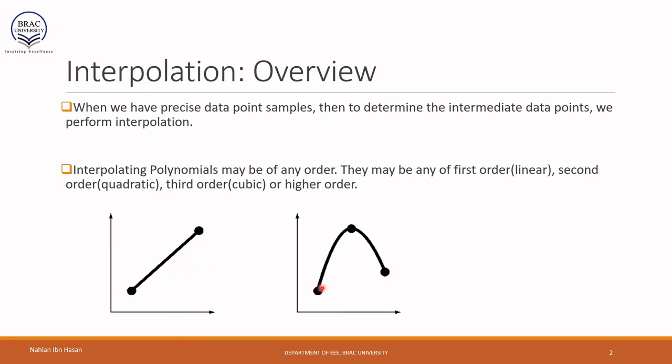For quadratic purposes we need three data points. And for a third order or cubic polynomial, we need four data points. So that was the basics of interpolation: first order, second order, or third order.